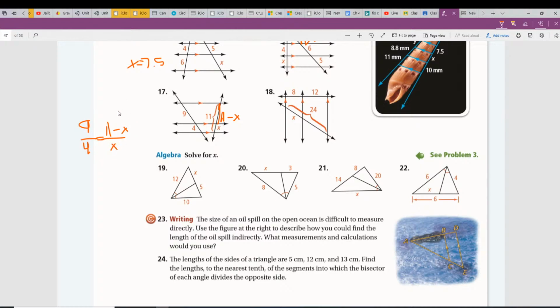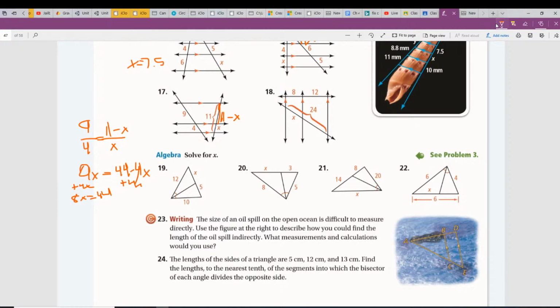Okay? So we can just multiply it. 9x is equal to 44 minus 4x. We can add the 4x, and we would get 8x... 44. I'm double checking my work on the other side, but I don't want to get anything wrong here. Oh, oops.